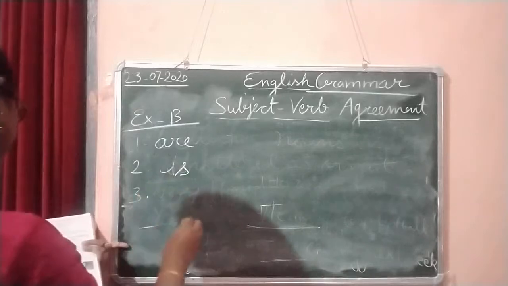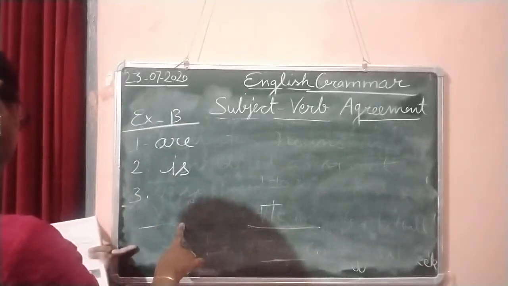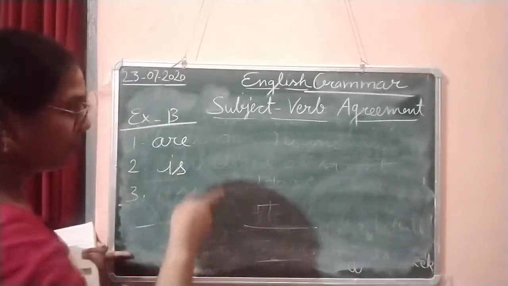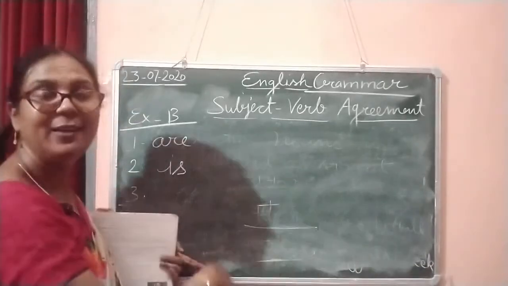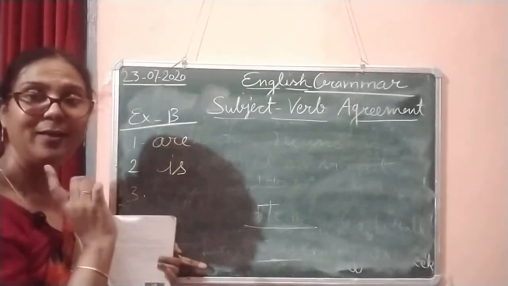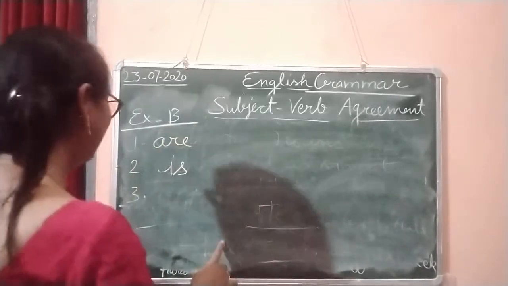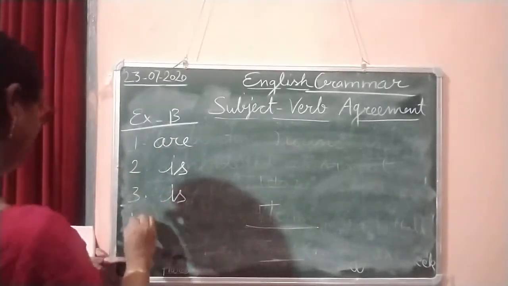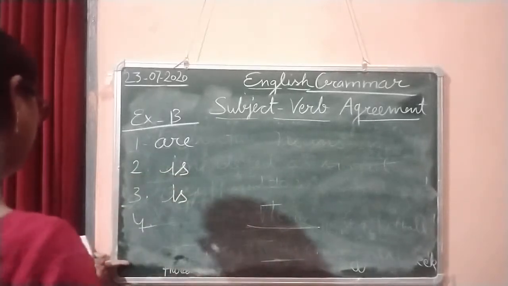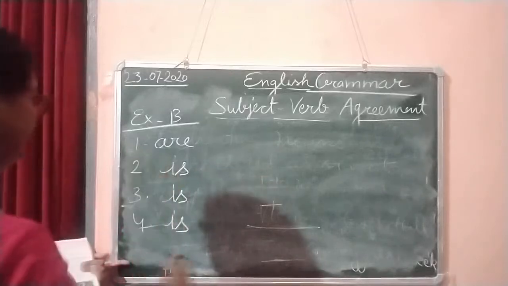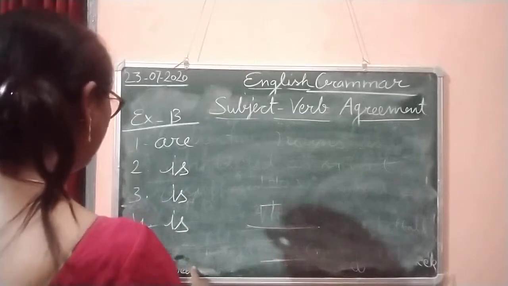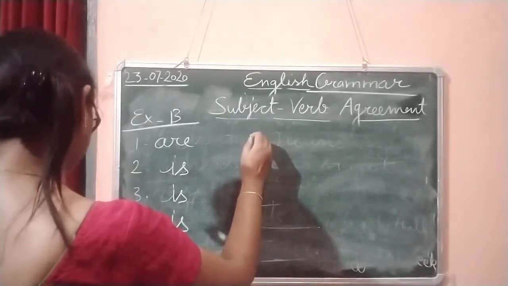Now in third, the pair of shorts, it is a collective noun. As we have studied earlier, the collective noun is considered as a singular noun. So here we are going to use is. Fourth, a class of 50 girls is waiting in the laboratory.